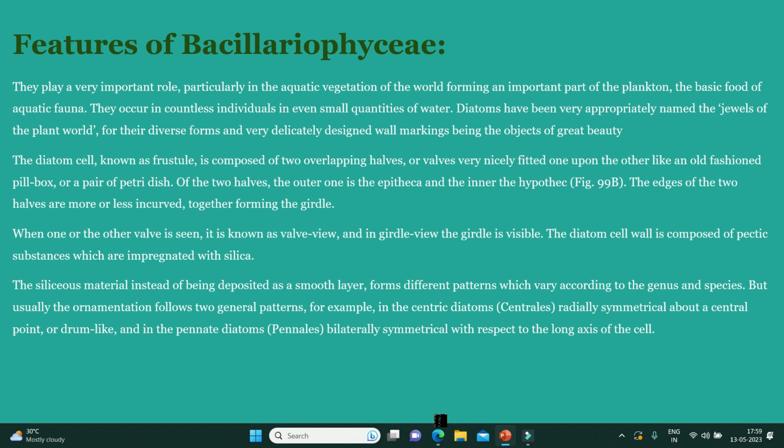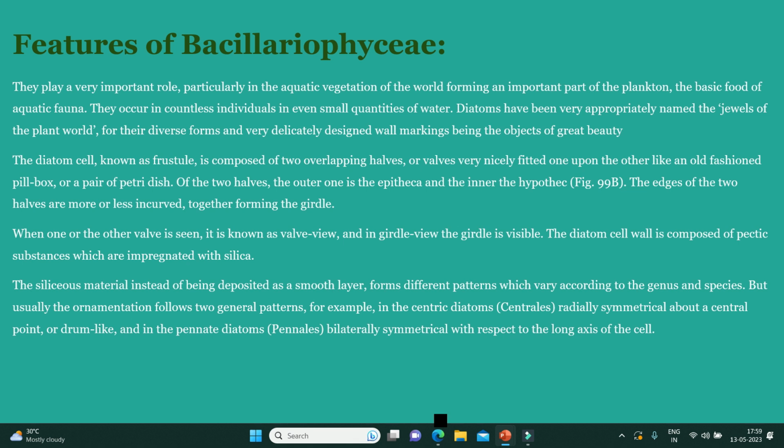The diatom cell, known as the frustule, is composed of two overlapping halves or valves, very nicely fitted one upon the other like an old fashioned pillbox or a pair of petri dishes. Of the two halves, the outer one is the epitheca and the inner one is the hypotheca.